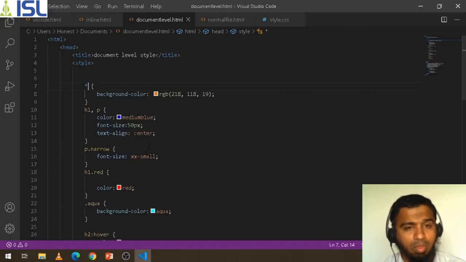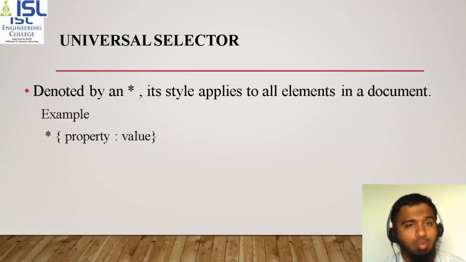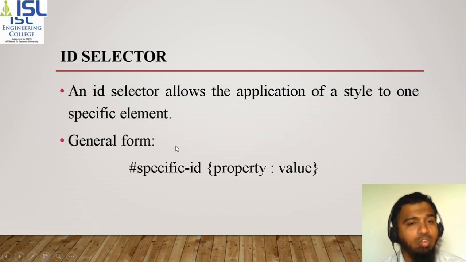The next one is universal, just put the star before the properties and values. And the last one is the ID selector. An ID selector allows the application of a style to one specific element.